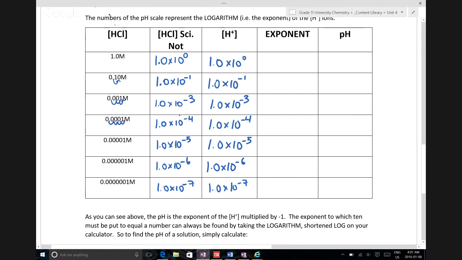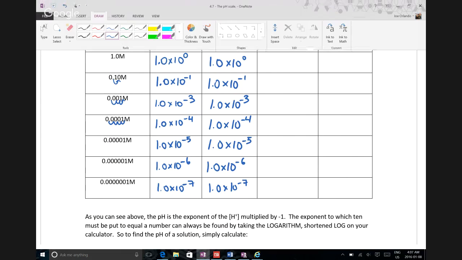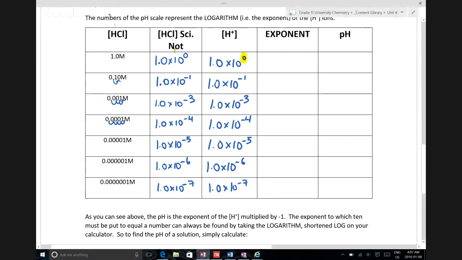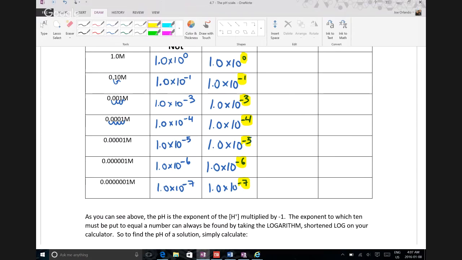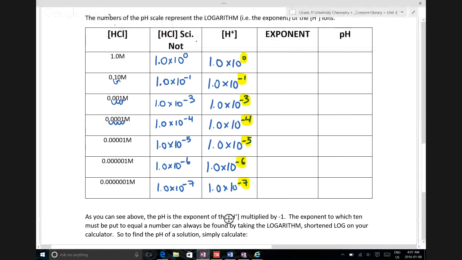All right, and I want to zero in on these exponents. So if you look, when we put this in scientific notation, the exponents do something tricky.